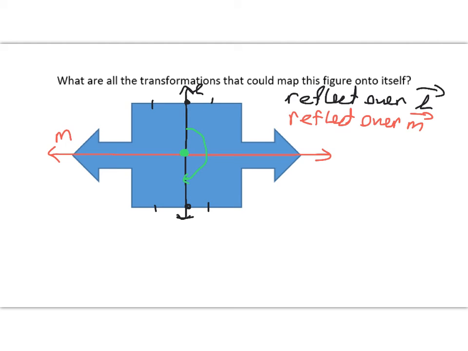That means it has a point of symmetry and it has rotation symmetry. So I could rotate 180 degrees.